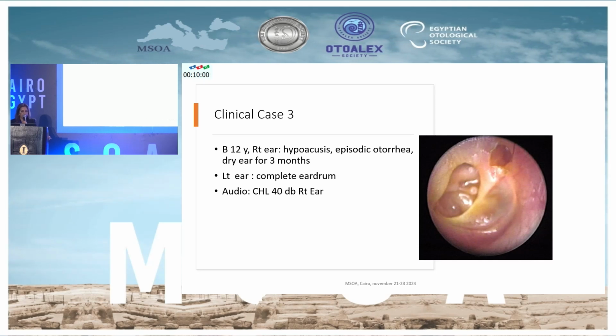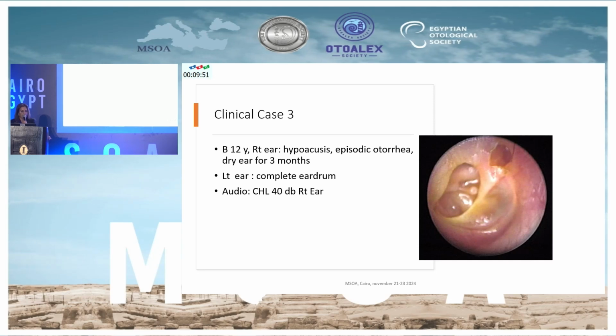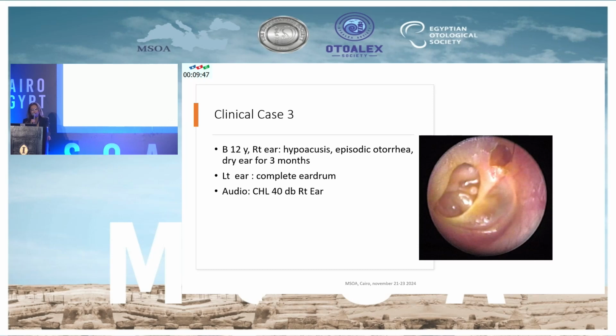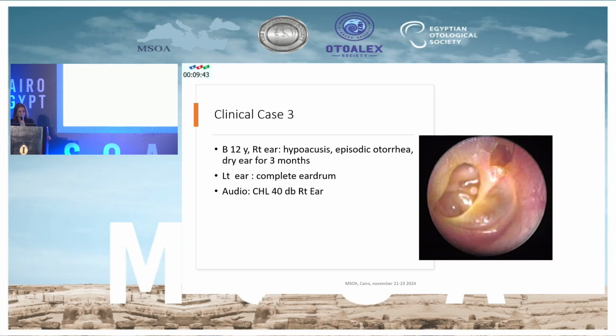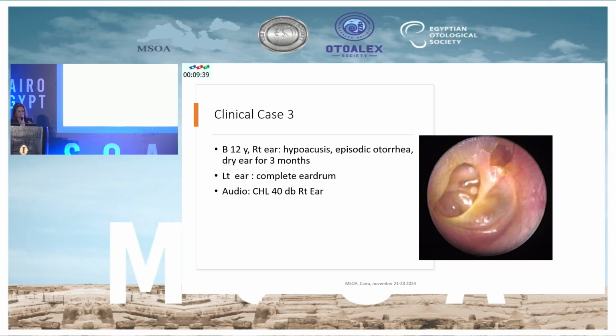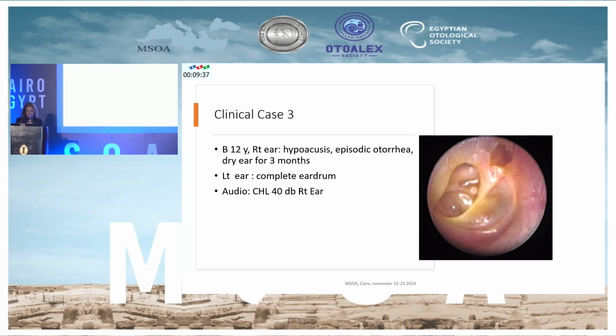There is no incus, so the retraction pocket is fixed directly to the head of the stapes. It's fixed to the facial nerve, and this pocket is uncontrollable, with resulting conductive hearing loss of 40 decibels.